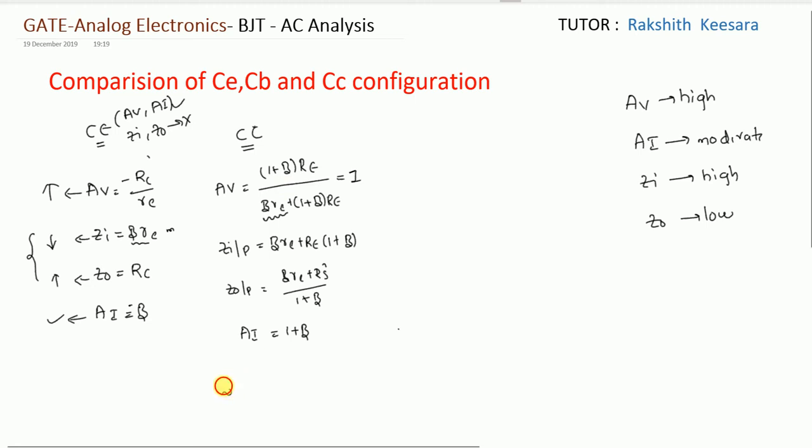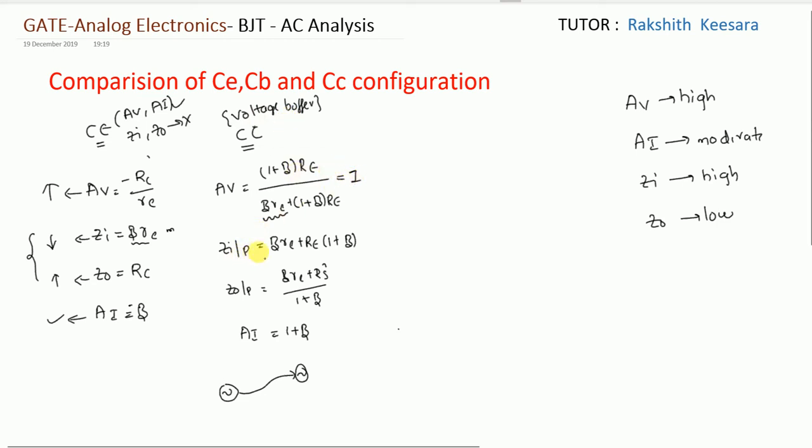If you are applying a voltage signal without any gain, the output will be the same voltage signal. No gain is there. AV equal to 1. So I can tell that common collector is a voltage buffer. Buffer indicates giving the same input as output. So we can call this a voltage buffer. Why? Because our AV is 1.